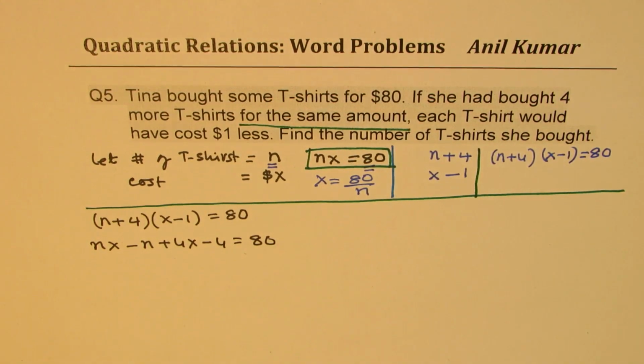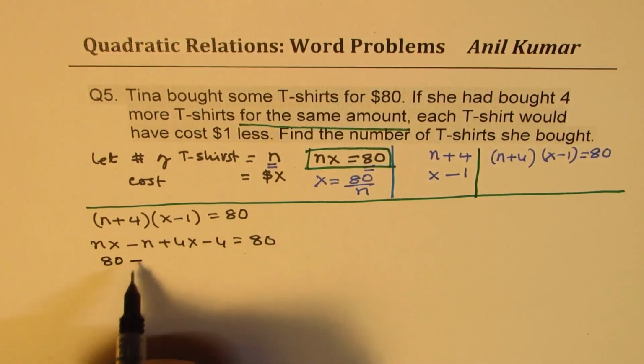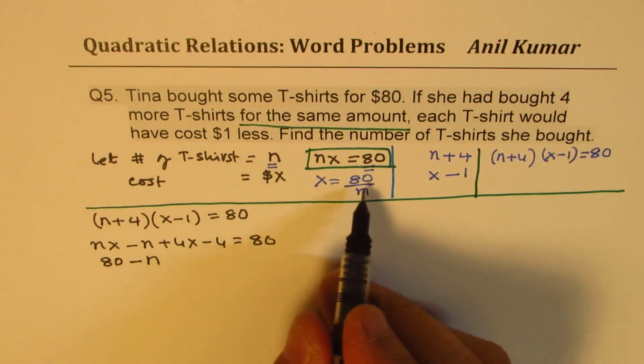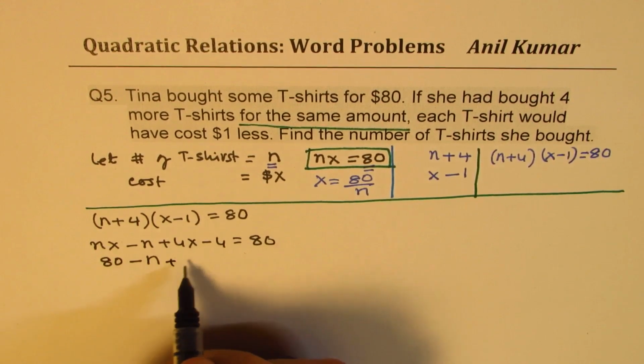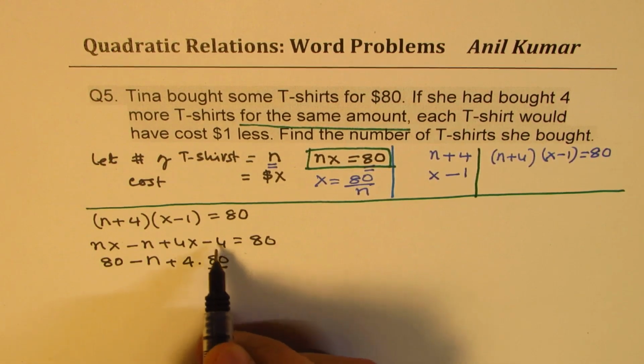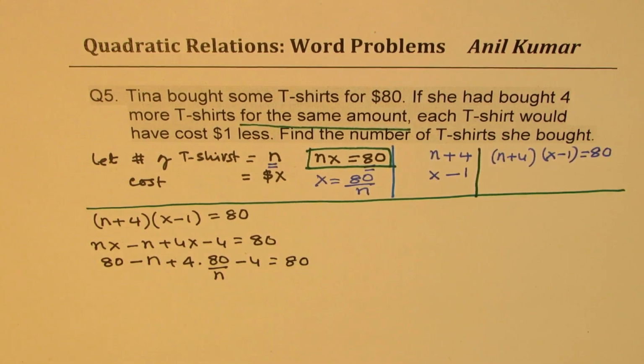So nx is 80, so I'm writing 80 minus n plus 4 times x. 4 times x means 4 times 80 over n, minus 4 equals 80. Is that clear? Okay. So that is how we get our equation.